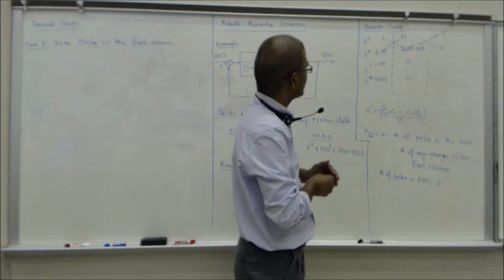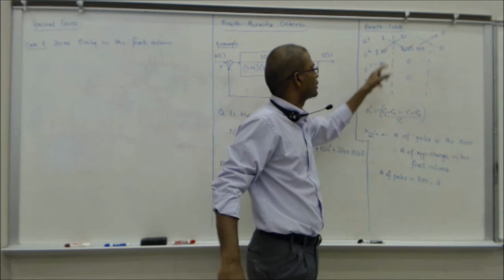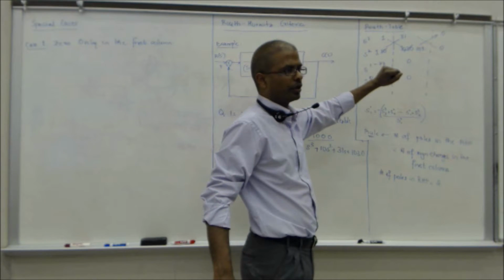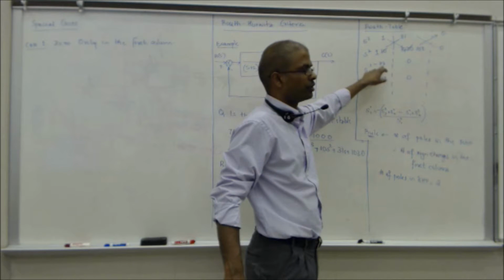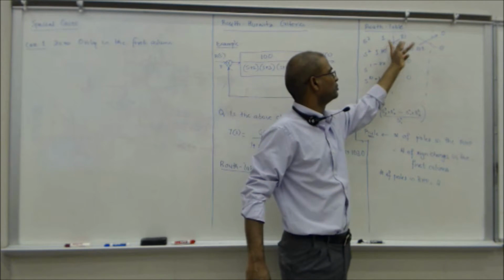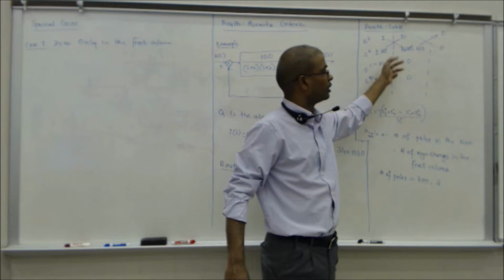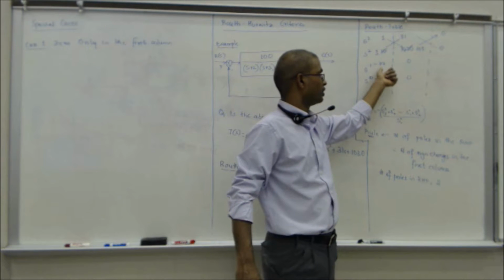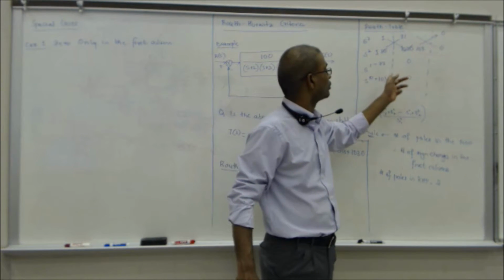You can see here that any of the elements in the first column can go to 0, right? You realize that? This could be 0. For example, if the product of these two are equal, this will be 0, right? Because this minus this. So what happens to this element then?